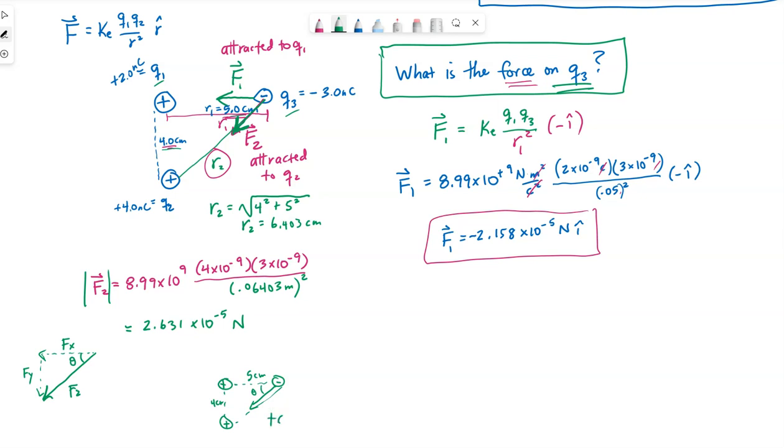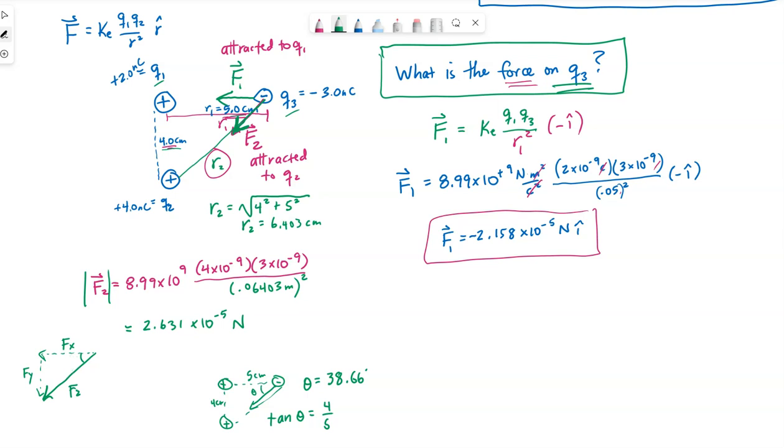We can say that the tangent of this angle is the opposite side over the adjacent side using the dimensions of those distances. So inverse tangent of 4/5 gives us an angle of 38.66 degrees. So we now know this angle.